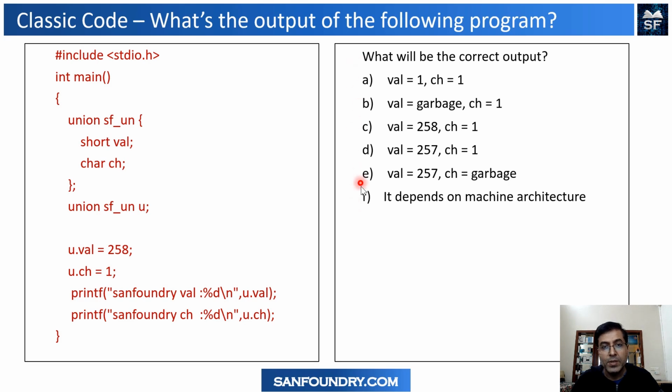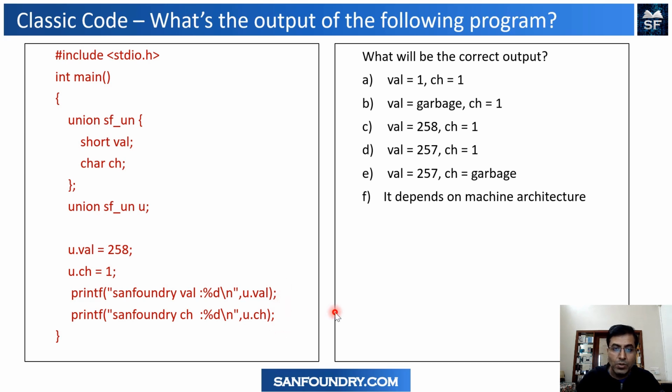We will definitely do a demo of this code pretty soon to understand, because union, as I told you, is used for multiplexing one memory area with different types of object requirements, different members basically, that we are operating on. So we will see how things work and what answer we get.